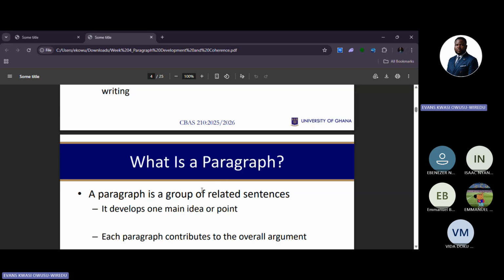So a paragraph consists of an idea because these are all texts, right? And since a text represents something that stems from an idea or your mind, we say that it all develops from an idea. So it develops one main idea. So you need to have a particular thing that you are talking about in each paragraph that relates to the main topic being discussed. Are we following?